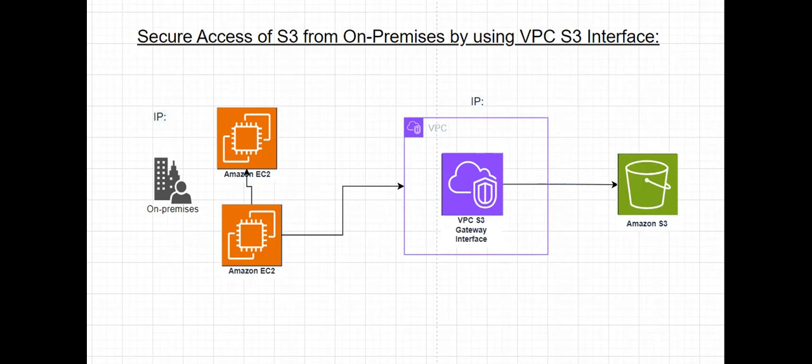Now in this video, we will learn how to create this S3 gateway interface endpoint in order to access my S3 bucket, and we also see how to create a private domain in order to access this.